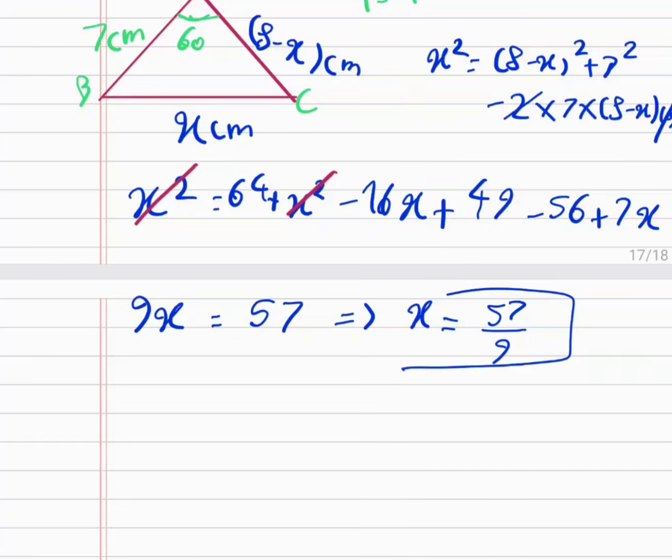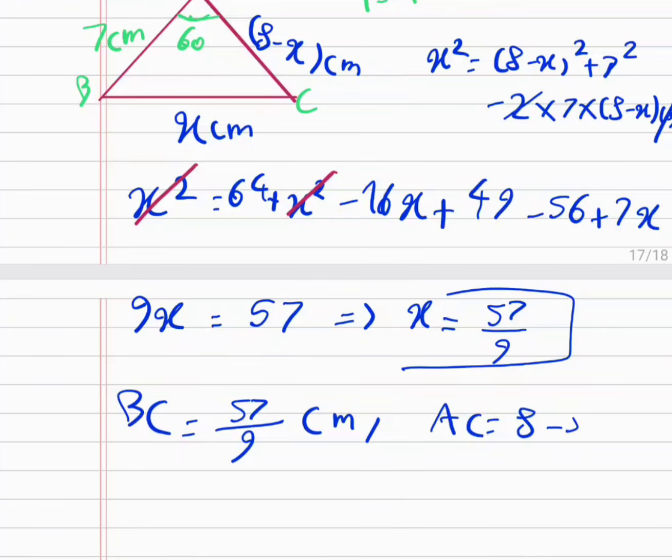Now that we have x, the rest of the question is very simple, because BC is equal to x, which is 57 over 9 centimeters. Then AC is equal to 8 minus 57 over 9 centimeters, which is equal to 5 over 3.